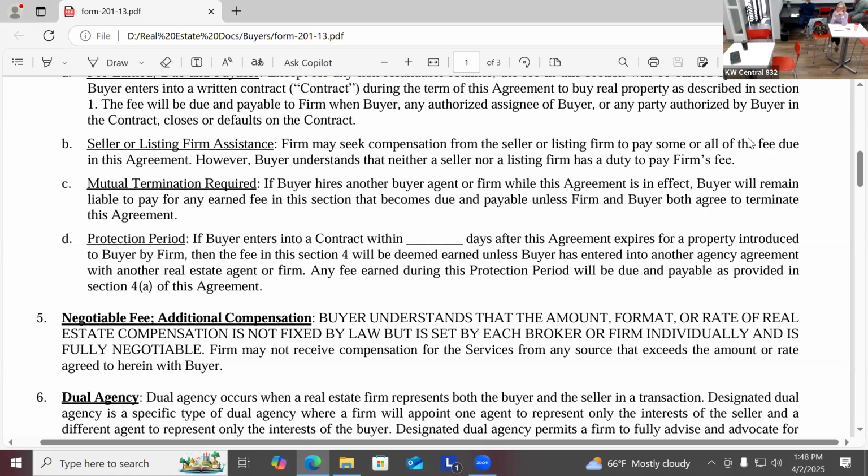Let's say they end up buying a new construction and D.R. Horton is giving you a $2,000 bonus. We use Form 770 that discloses not only are we receiving our 3% commission, we're also getting an additional bonus of $2,000. So when all else fails, how do I handle that? There's a form for that.